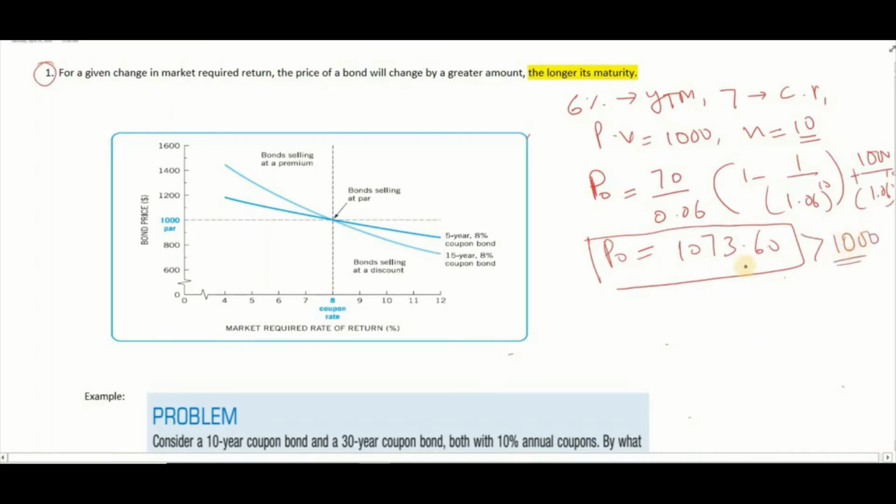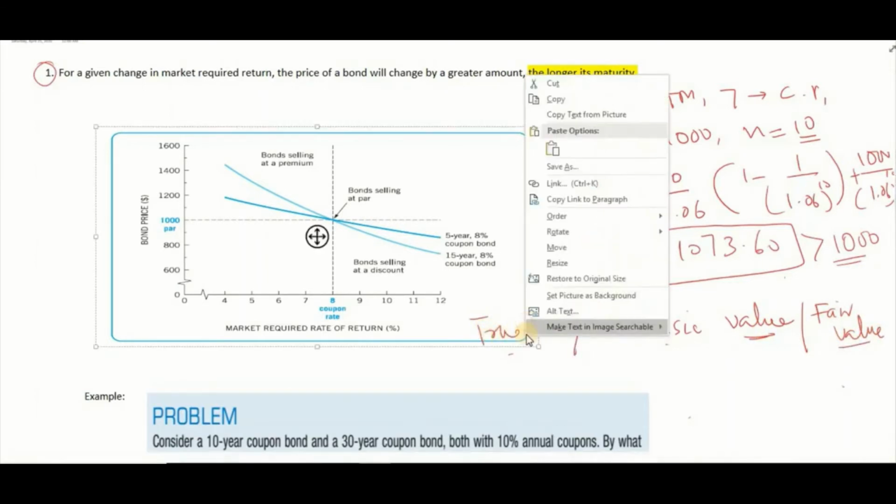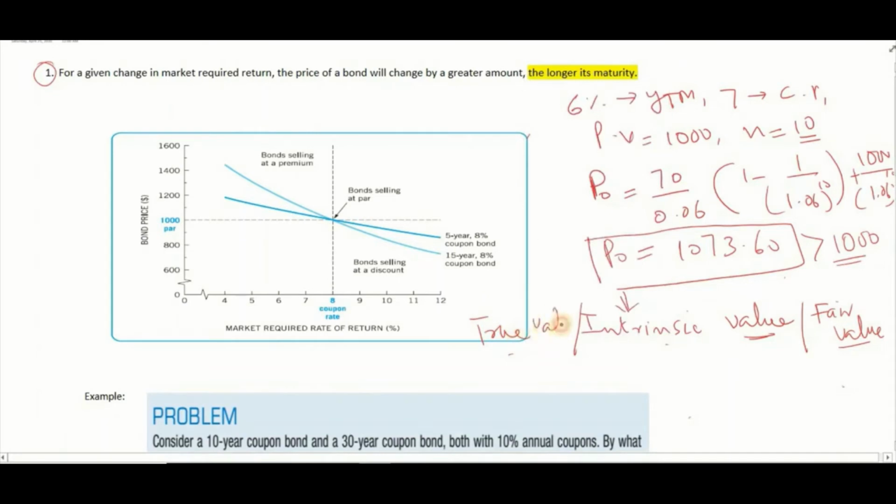So it means now this statement is very important. This is the intrinsic value, right? This is also called the fair value. This is also called the true value. So many names.